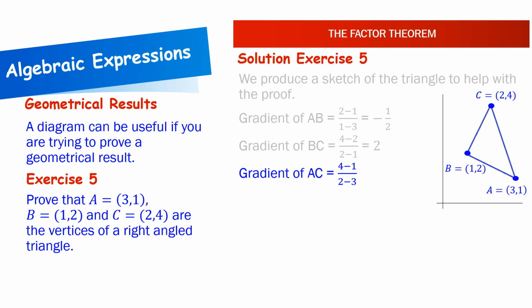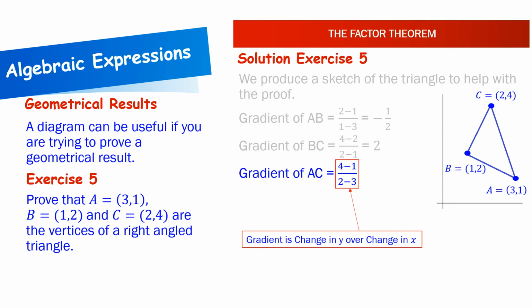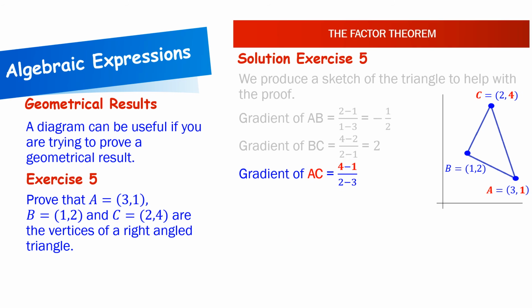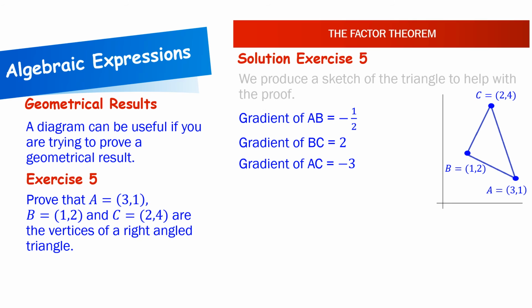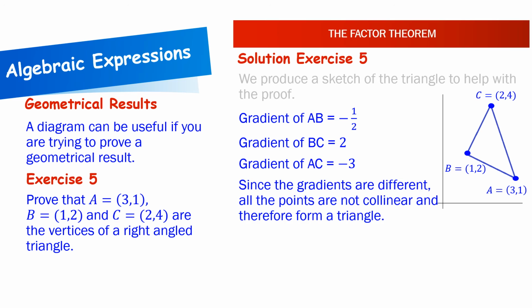And the gradient of AC, again, is change in y over change in x, which is 4 minus 1 over 2 minus 3, which equals minus 3. So here are the gradients of the three lines AB, BC, and AC. Now, since the gradients are different, the points are not collinear and therefore form a triangle.